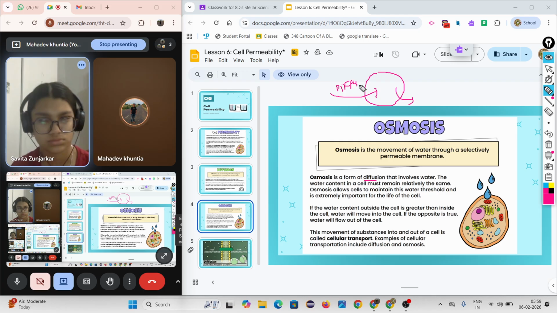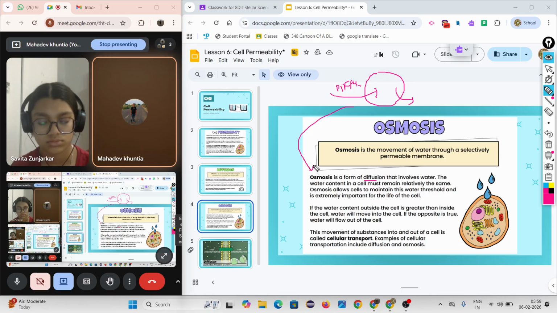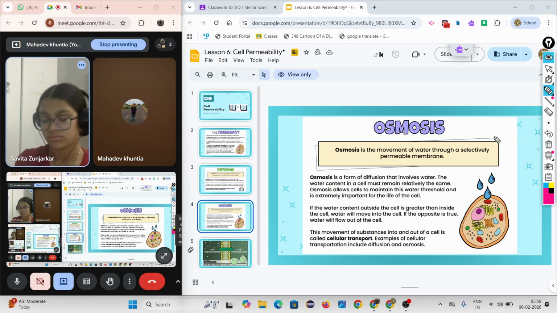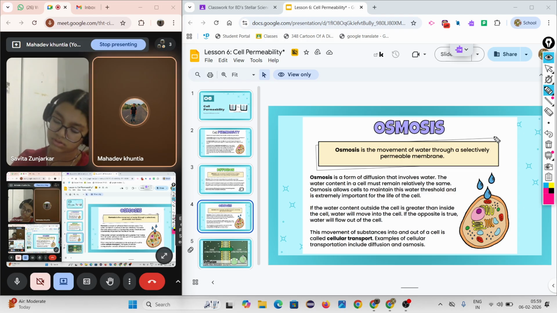Only in that case do we call it osmosis. So osmosis is a part of diffusion. You have to remember osmosis is the movement of water by diffusion.